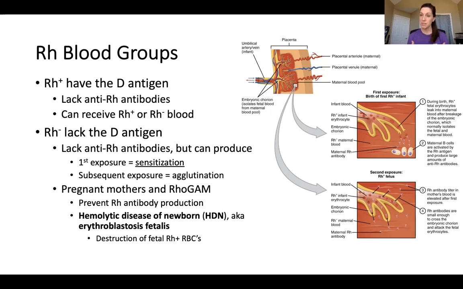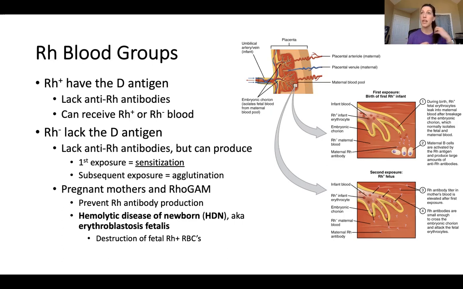So with the next baby, if that baby is also Rh positive, then right off the bat, that Rh negative mother has already formed Rh antibodies during the first pregnancy. Those already exist in her bloodstream, and they can cross the placenta, and they do.